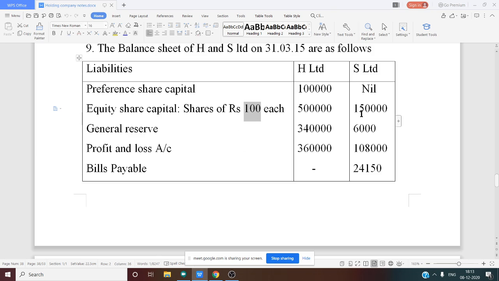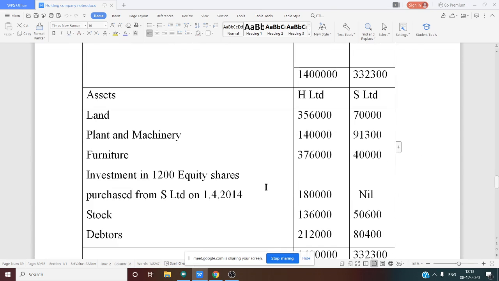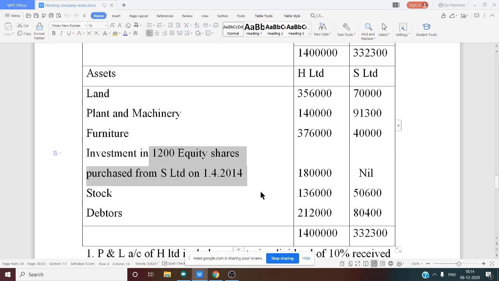That is 1,500. Out of that 1,500, 1,200 is taken by the holding company. That means 1,200 is majority. The remaining 300, that is 1,500 minus 1,200, is minority. So 300 is minority, 1,200 is majority. After this, stock and debtor information is given in the balance sheet.